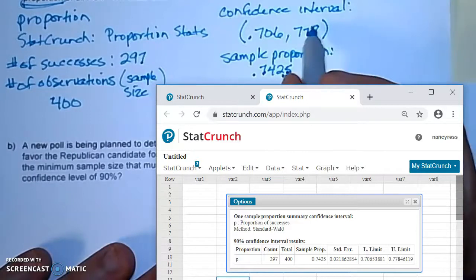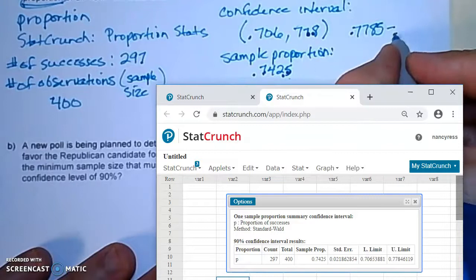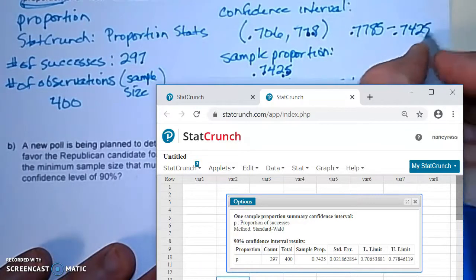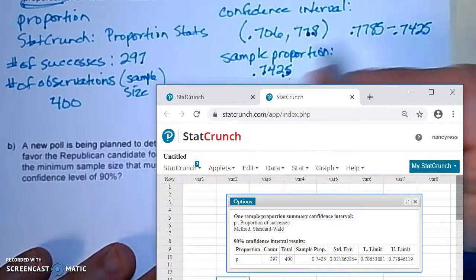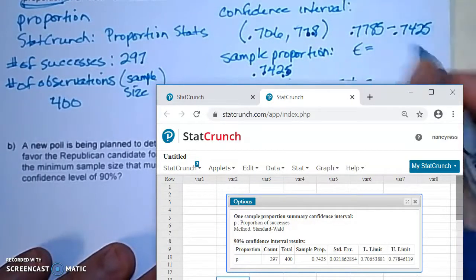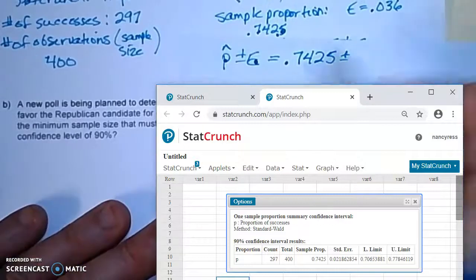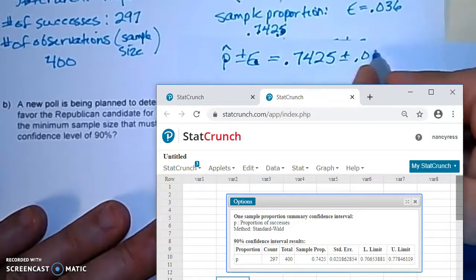For example, I could take my upper limit and subtract my sample proportion, and that's going to give me my margin of error, which is going to be 0.036. So then, if I'm writing my confidence interval in this format, it would be 0.7425 plus or minus 0.036.